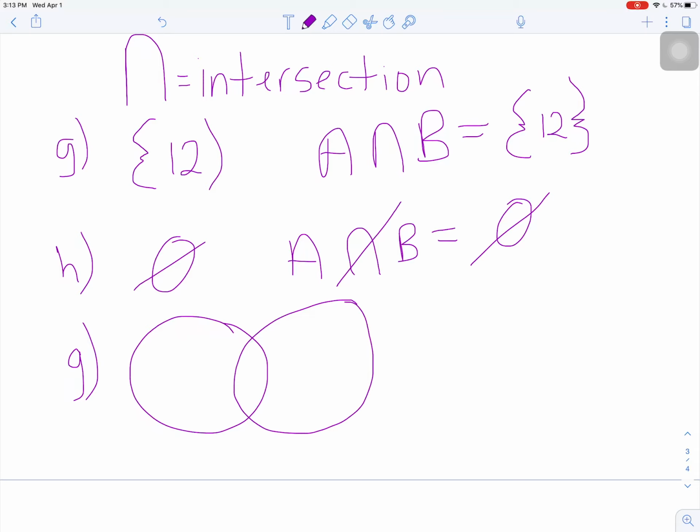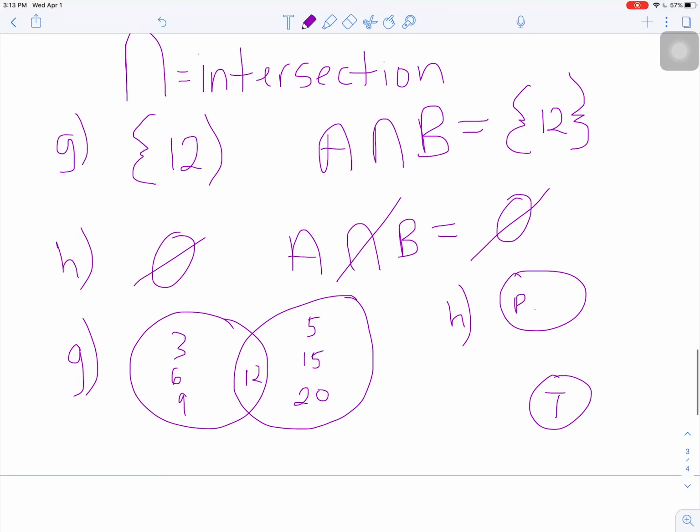So G has certain ones that match. So when we look at set A, we have 3, 6, and 9 that are on the outside. And you see that 12 is the one that they share in common. And then we have 5, 15, and 20. H, of course, we have parallelograms and we have trapezoids, but they are totally different. They don't intersect at all.